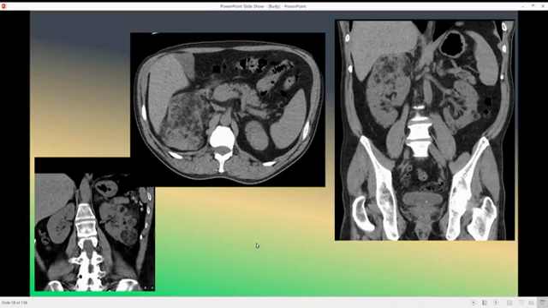What do you think the patient has in the next case?